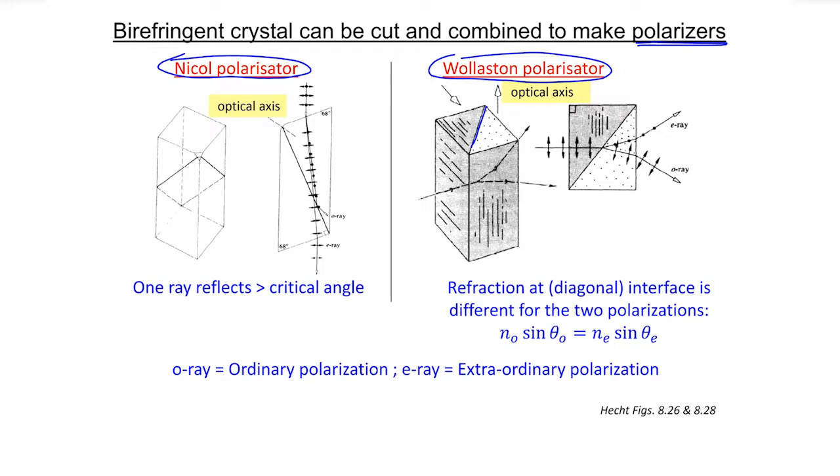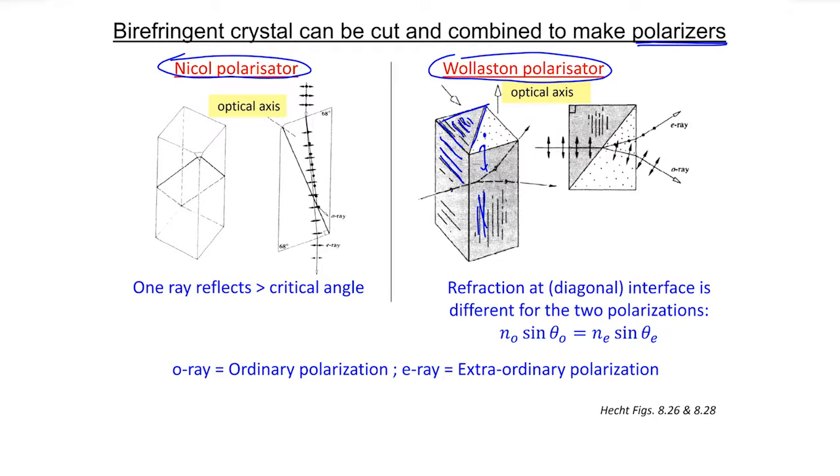You have two triangular shapes, cut from a birefringent crystal, with axes aligned in a different way. The z-axis, this funny extraordinary axis of the birefringent crystal, is indicated here with these lines and here with these lines. So you see that the z-axis is in a different direction in one triangle than in the other.